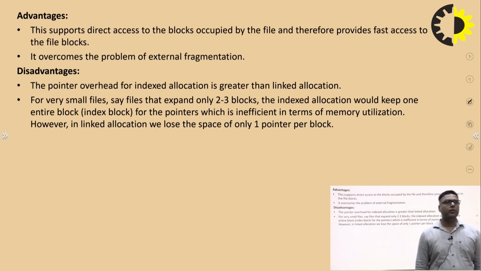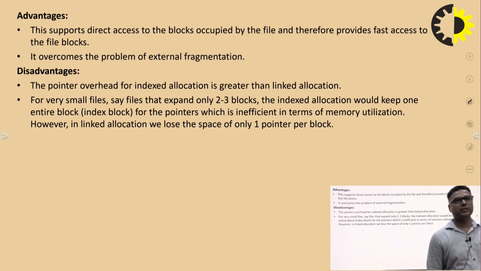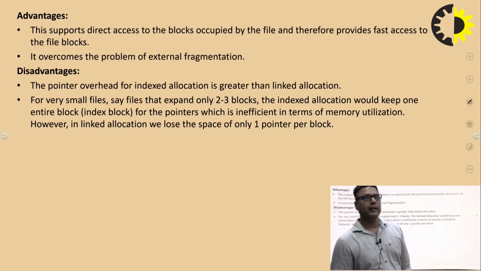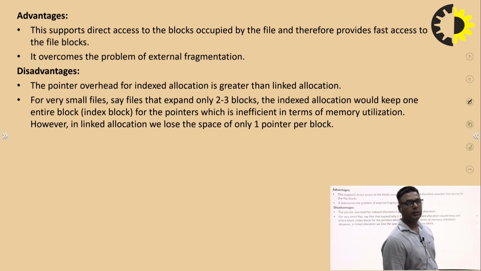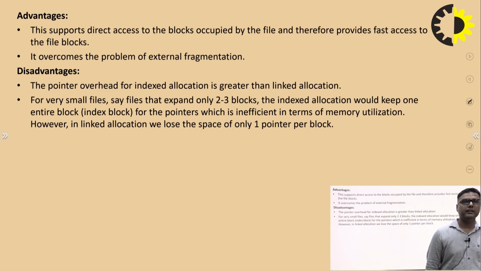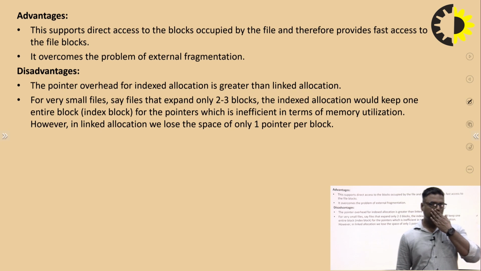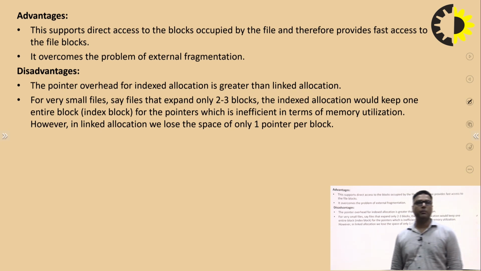The pointer overhead for the index allocation is greater than linked allocation. For very small files, say files that expand only 2 to 3 blocks, the index allocation would keep one entire block for the pointers, which is inefficient in terms of memory utilization.